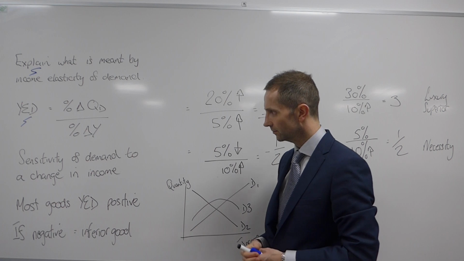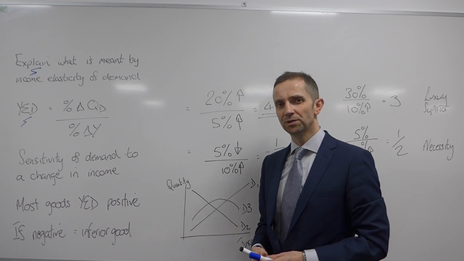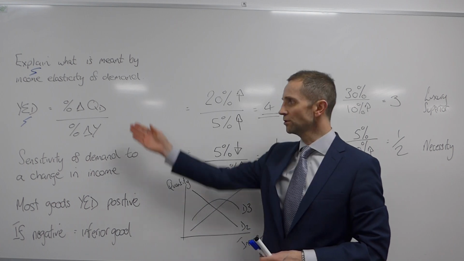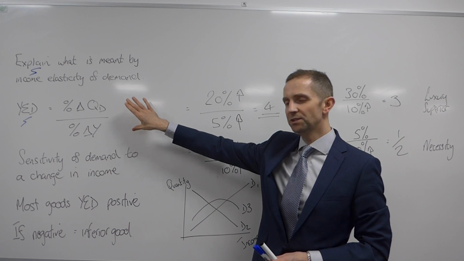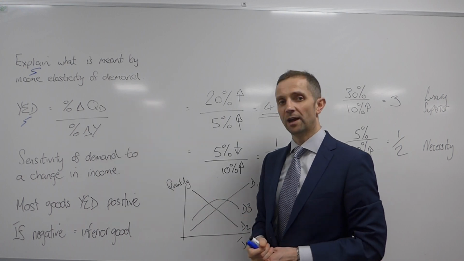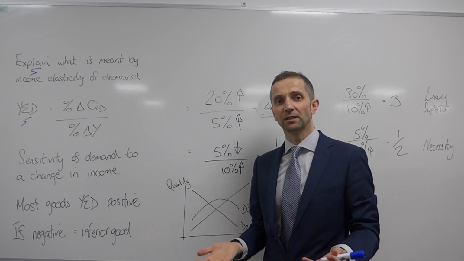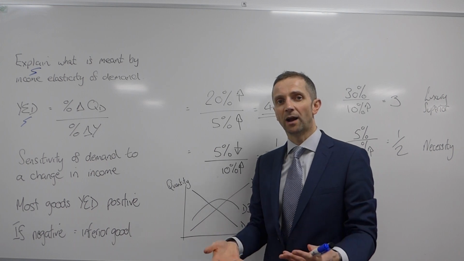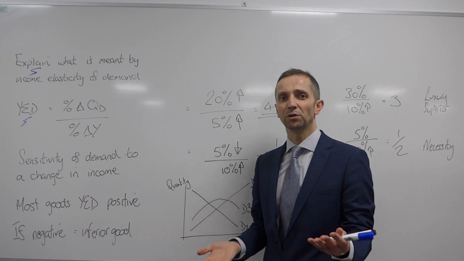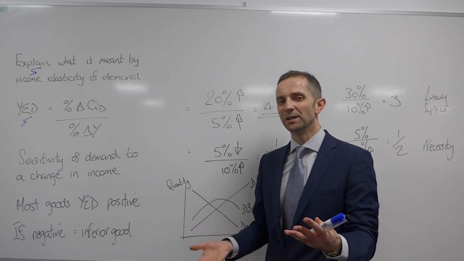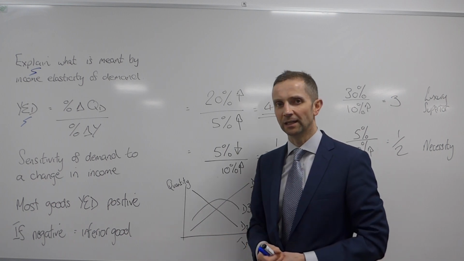With most goods, with regard to income elasticity of demand, you will find that the outcome of a calculation such as this is usually positive. The reason for that, of course, is that as incomes rise, people tend to buy more of a particular good or service. Now I'm sure you can think of examples where that might not be the case, and we'll come on to that later.